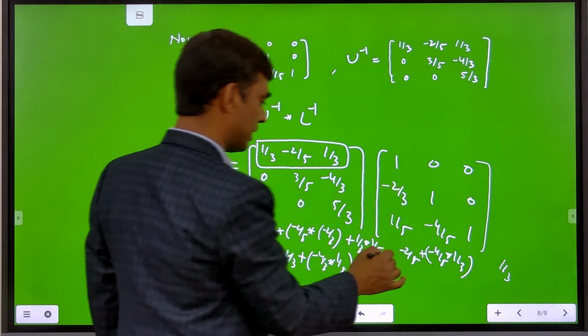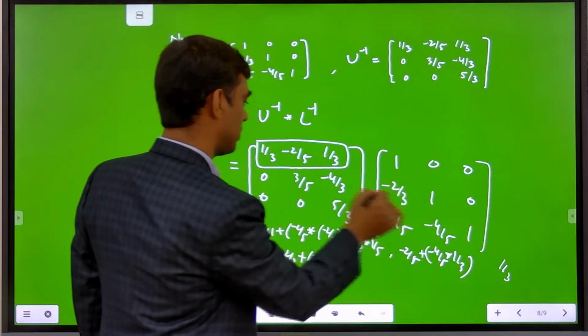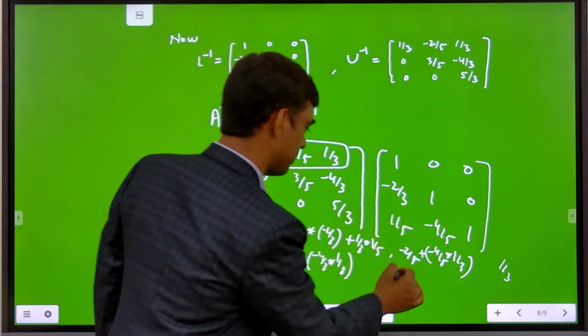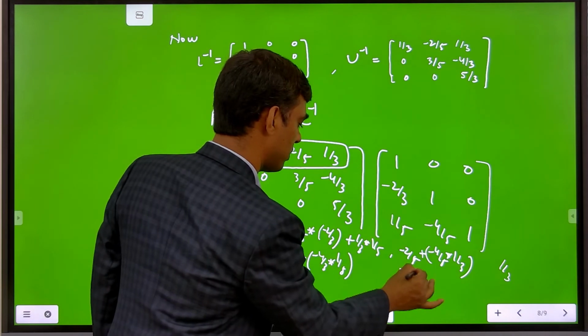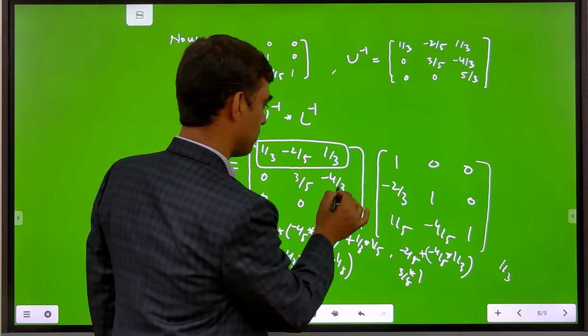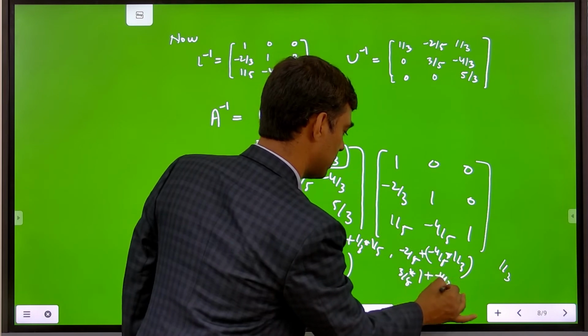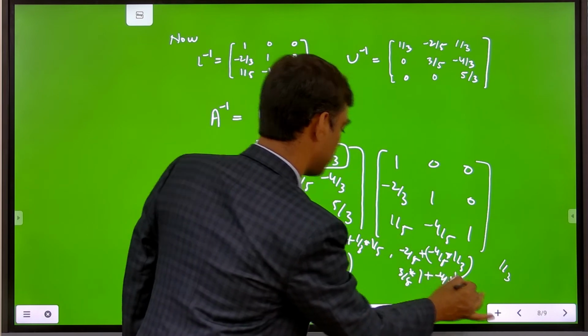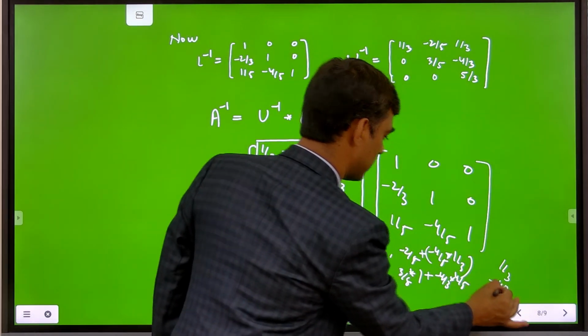For second row, second column, this becomes 3/5 into 1, plus minus 4/3 into 4/5. And second row, last column, this one is minus 4/3.